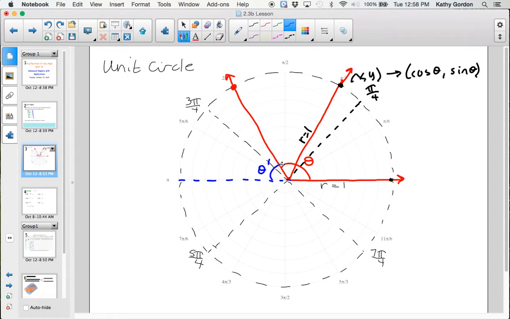So what's the blue going to be? Pi over 3, right? Because I need 3 pi over 3's to get all the way over here to pi. So if the red is 2 pi's over 3, this must be an extra pi over 3 in here. So we know the reference angle is, again, that acute angle that's created by our terminal side and our x-axis. And in this case, if my angle is 2 pi over 3, then my reference is going to be pi over 3.